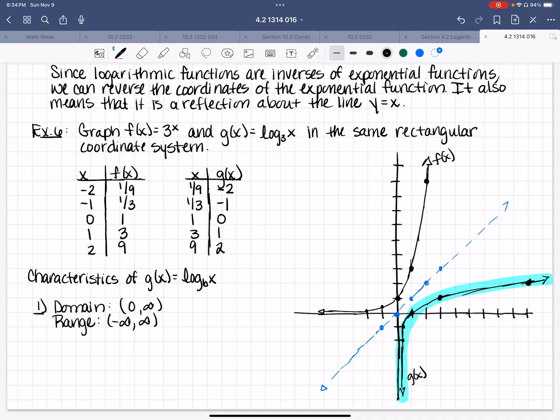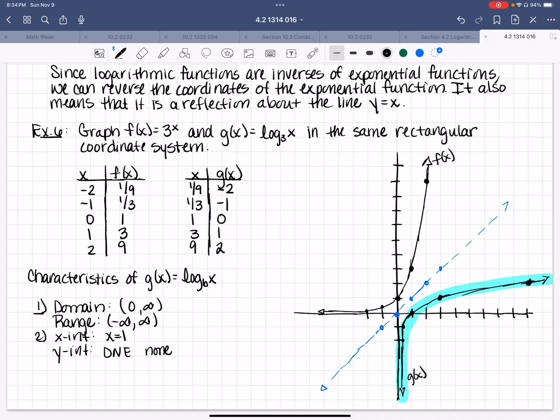The y does continue to increase. Okay, we have an x-intercept of 1, and we have a y-intercept that does not exist, so it does not exist or none.